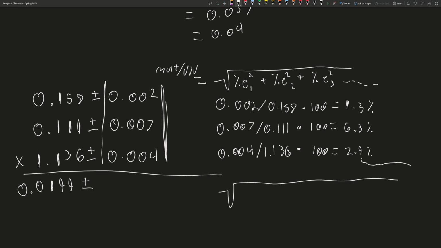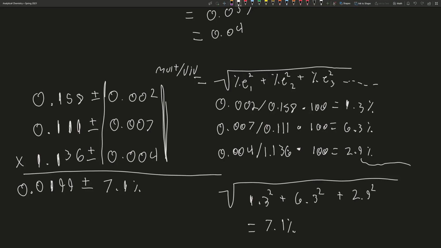Take this 1.3, square it. 6.3, square it. I'm going to take this 2.9 and square it. And when we do that, we get this 7.1%. So this is a new value. It would be 7.1%. But we want our value to be an absolute.